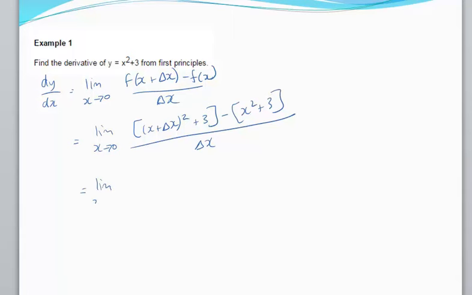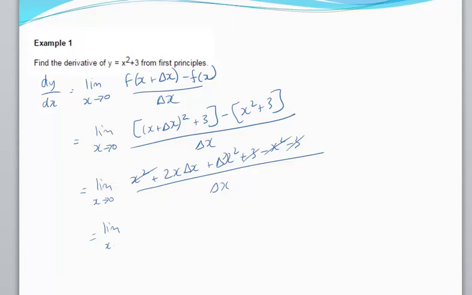So the limit as delta x approaches 0, and we can work through this. We end up with x squared plus 2x delta x plus delta x squared plus 3 minus x squared minus 3, divided by delta x. The 3 minus 3 deletes out, and x squared minus x squared deletes out. So the limit as delta x approaches 0 becomes 2x delta x plus delta x squared, divided by delta x.